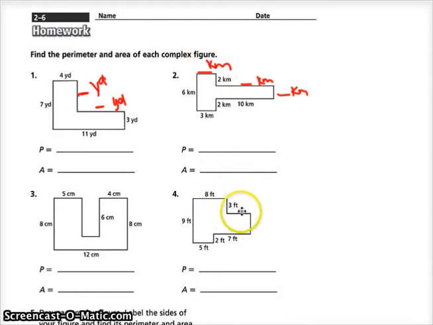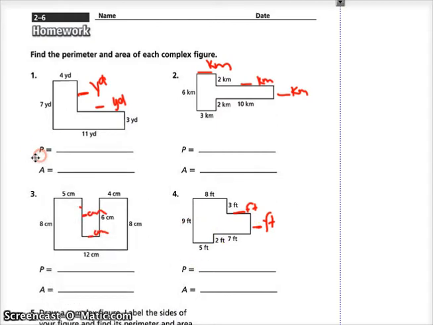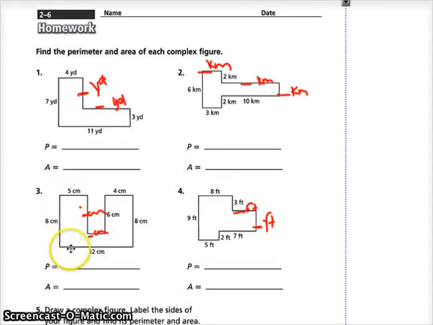This one has a missing side here and here. This one has a missing side right here and right here. So you need to find your missing sides and then find the area and perimeter for both figures.